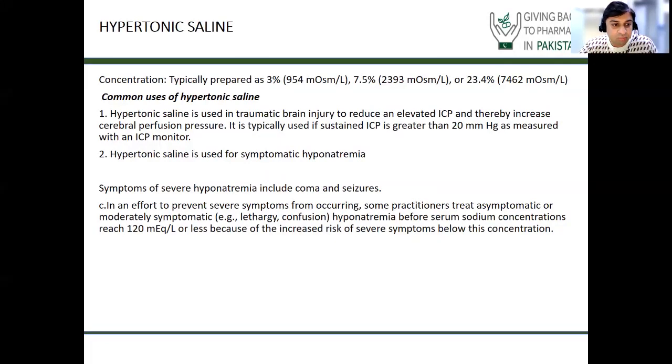Remember, most patients with acute hyponatremia have signs and symptoms only when the sodium level goes below 120. In those patients who have symptoms that can complicate their primary medical illnesses, you can use hypertonic saline.